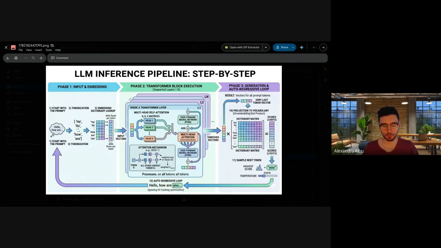So now for all the other tokens in the prompt, you take your Q vector, meaning: what context do I need as a token in order to understand myself, my actual meaning? You multiply it with the key from all the other tokens in the prompt. Remember, key means what context do I bring as a token.